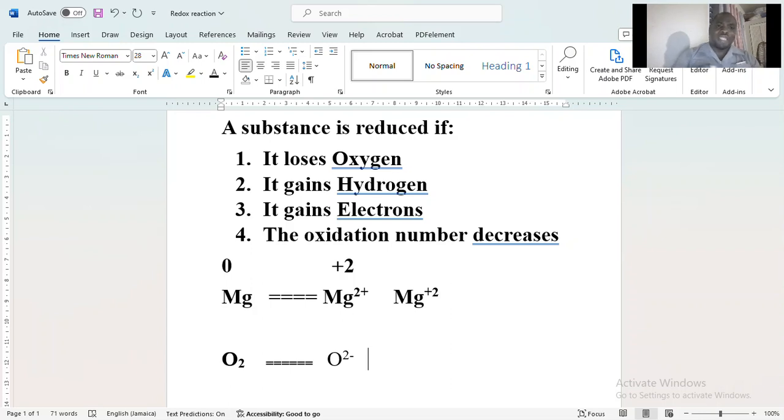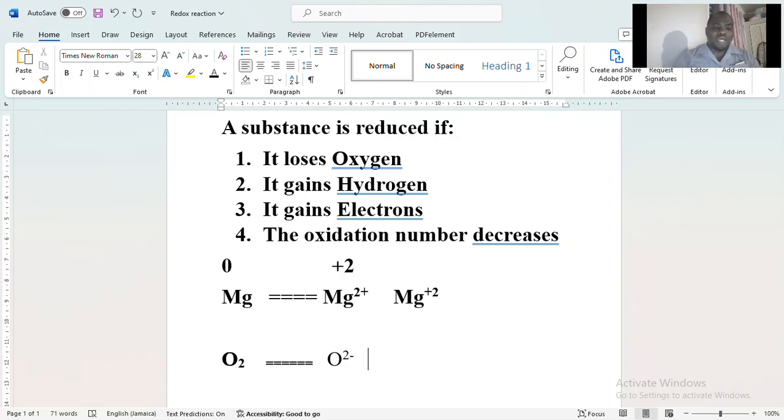Now, to become stable, it is capable of gaining 2 electrons. When it gains those 2 electrons, it gains something that is basically negative. And so that's why the ions formed for nonmetals are actually negative. We call those anions. They're negative because we're getting more electrons. And so oxygen would have gained 2 more electrons.